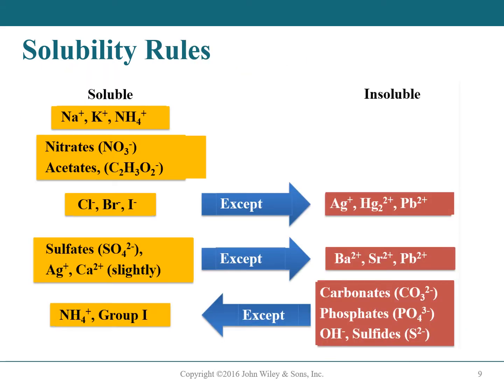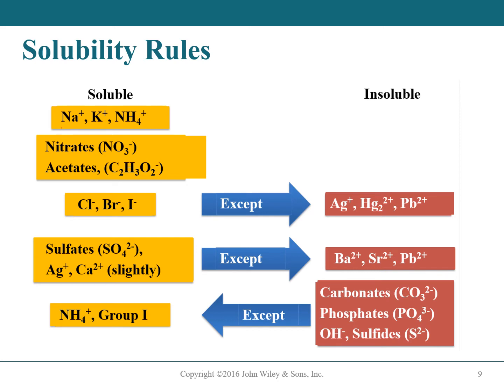Okay, so what are these solubility rules? Make sure you have them available to you, and you have a more extensive one in the double displacement experiment that we do. Always soluble, no exceptions, if your cation is sodium, potassium, or ammonium, and your anion are nitrates or acetates.